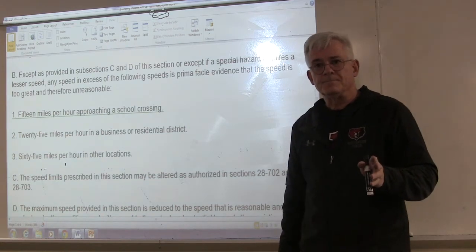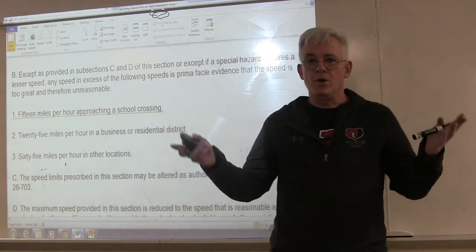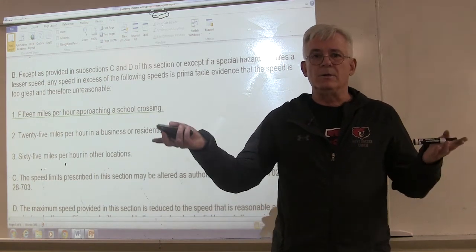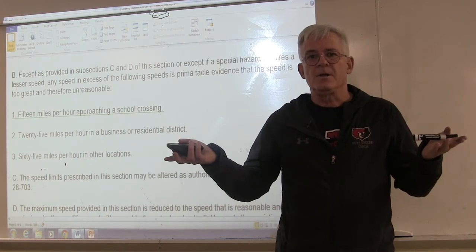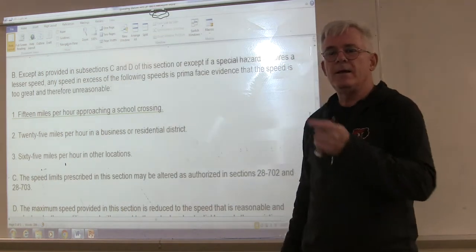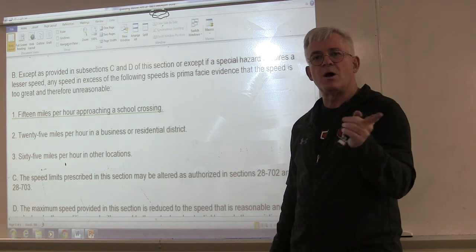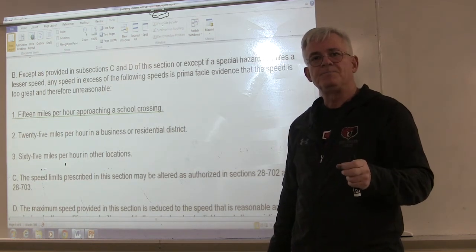Okay. Now, you have the right to show that your driving was reasonable. Who are you showing that to? You are showing that to the judge who is in the judicial branch who is resolving your dispute.